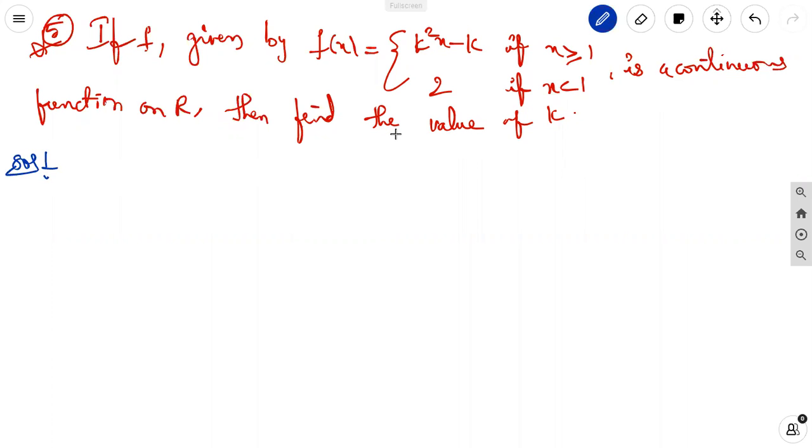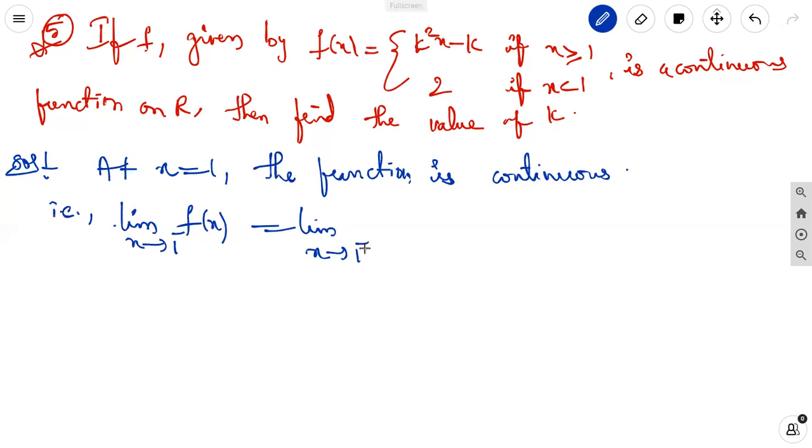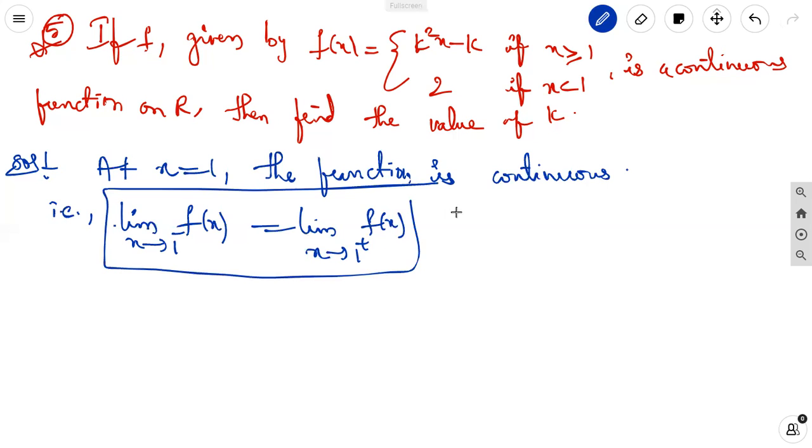It is a continuous function, so at x equal to 1 the function is continuous. If it is continuous, the relation is limit x tends to 1 minus f of x is equal to limit x tends to 1 plus f of x. We have this relation for continuity.